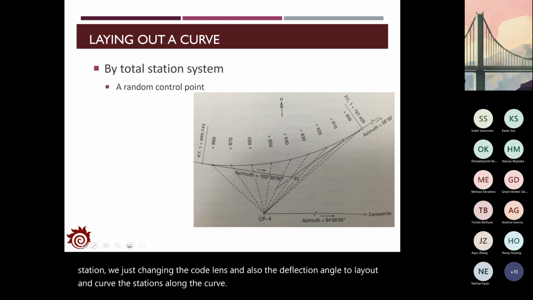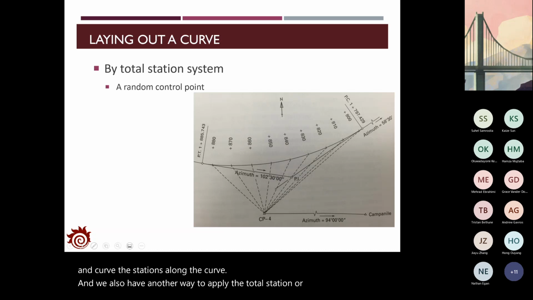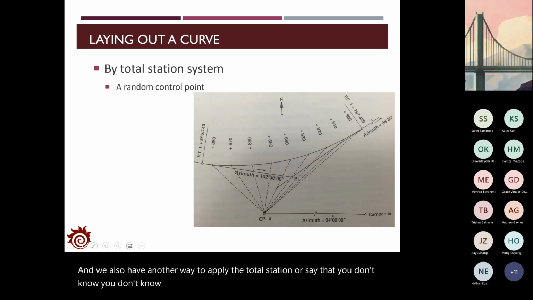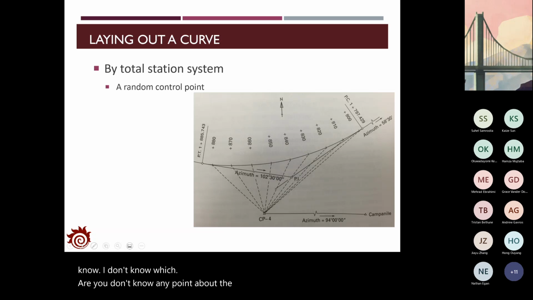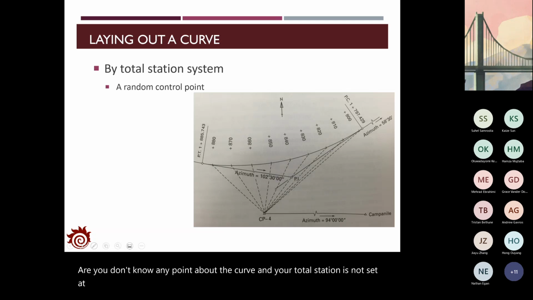And we also have another way to apply the total station. Say that you don't know any point about the curve, and your total station is not set along the straight line or along the curve.